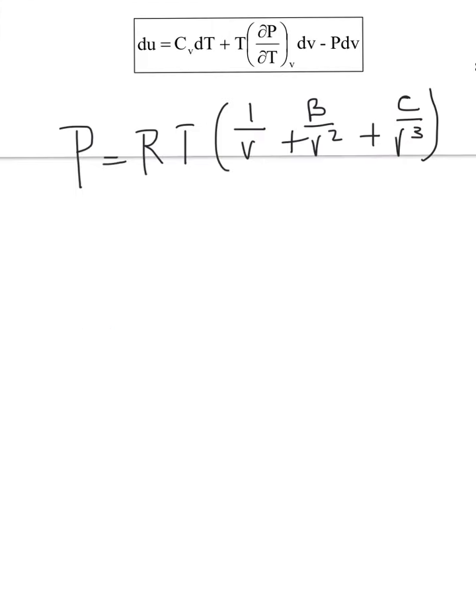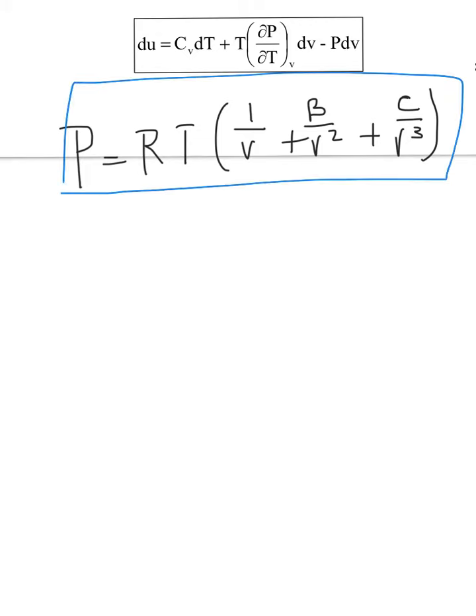The application of this equation for our gas obeying this equation of state, of course, the first part of the change, how internal energy changes with temperature while I keep the volume constant, will be evaluated in exactly the same way that we've done previously.